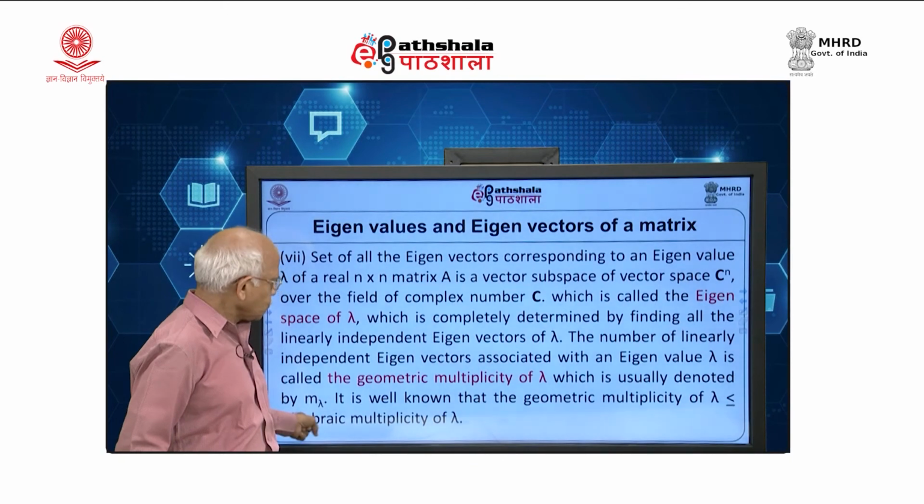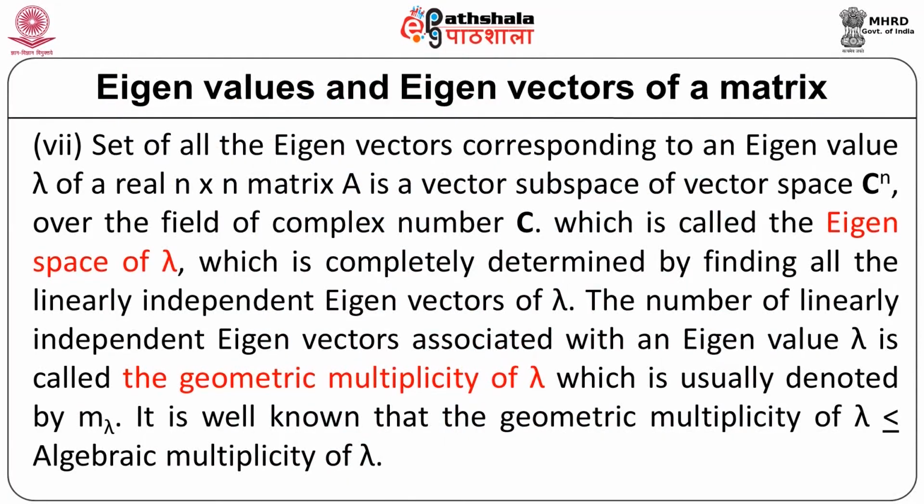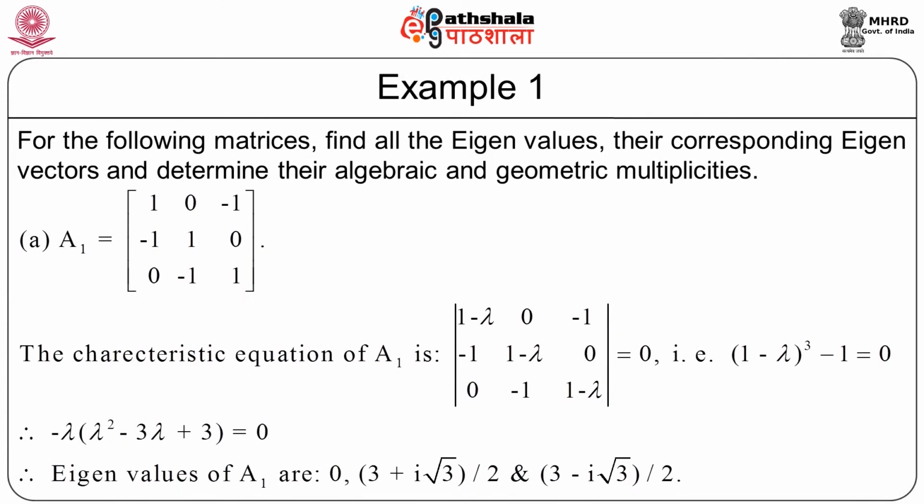We will verify these facts by taking simple examples. We are considering three matrices as three illustrations here. For the following matrices we are going to find all the eigenvalues, their corresponding eigenvectors, and determine the algebraic and geometric multiplicities.